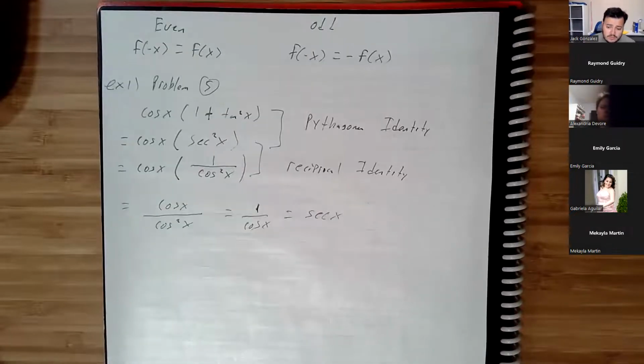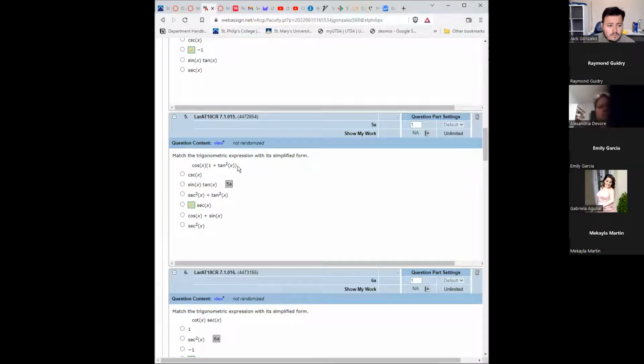On these types of questions, that's what I want to see, like on the exam. Picking the answer D is not sufficient. So you start with this and make your way to secant. Okay, does that make sense?